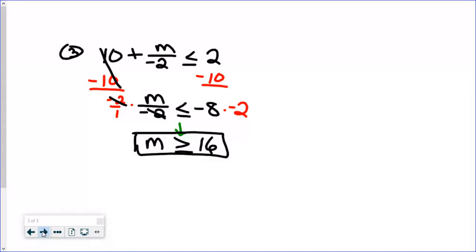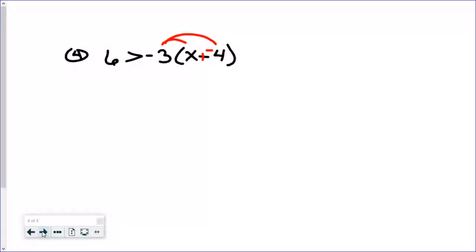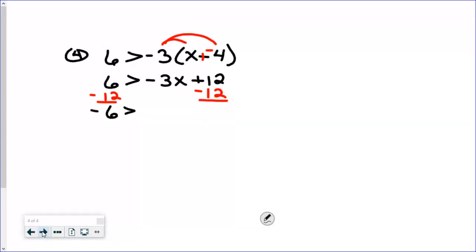Okay, couple more if you want, it's up to you. Number 4, now I have 6 is greater than negative 3 times the quantity x minus 4. So the first thing you would do would be to distribute and change that minus sign, okay, to be plus the opposite. So 6 is greater than negative 3x plus 12, okay, then minus 12 to both sides, and I have negative 6 and negative 3x, okay?